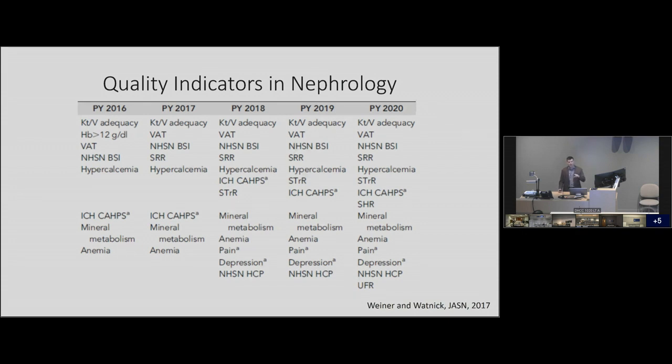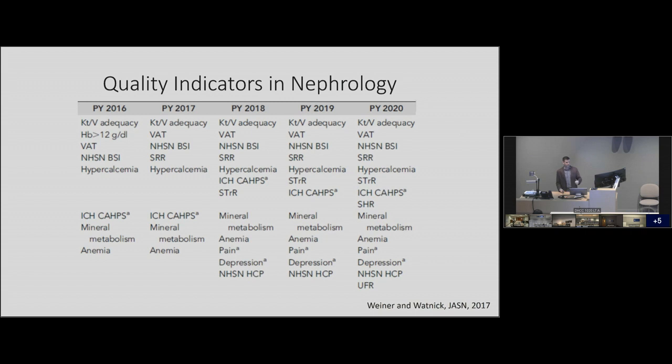And the idea here is if you're beyond a certain percentile on achievement of some of these indicators, they will withhold 1% to 2% payment to the dialysis facilities. So clearly you want these indicators to be really valid, rock-hard indicators. I think one of the things I observed here looking from 2016 to 2020 is everyone's adding things. Nothing's being taken away. There's just more and more and more indicators.